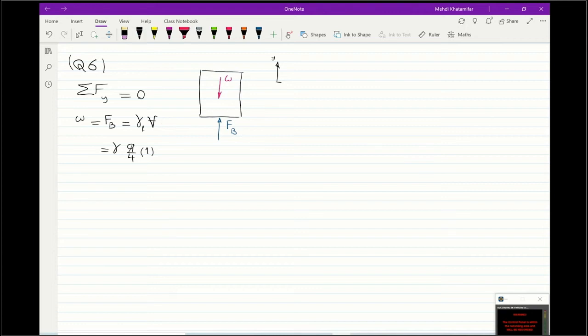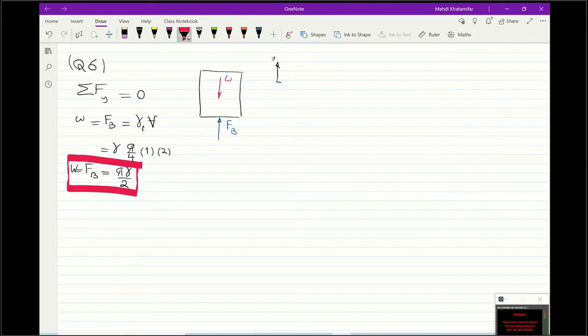This is times the 2 foot length. So this is going to be pi gamma divided by 2. So we found FB, which is equal to W. Excellent.